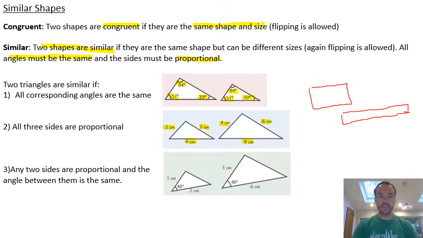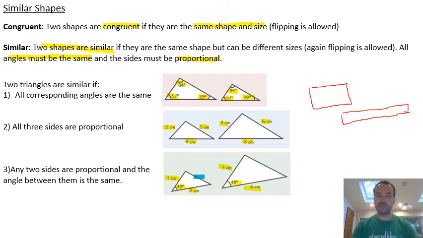And then if any two sides are proportional, so we've got 1 to 3, and then 2 to 6 is also the ratio 1 to 3. So both those pairs are in the ratio 1 to 3, and the angle between them is the same. We will find that the two triangles are similar. What does that mean?